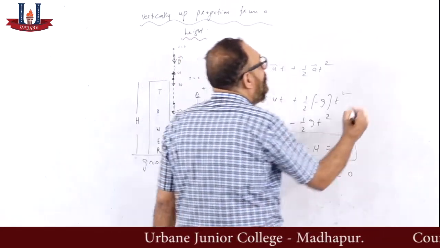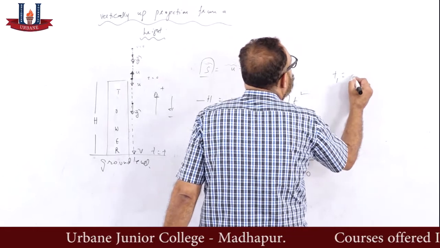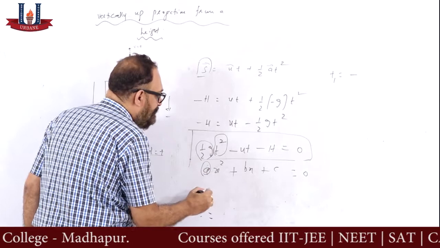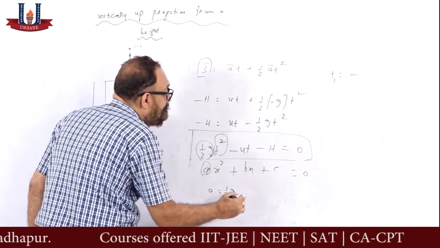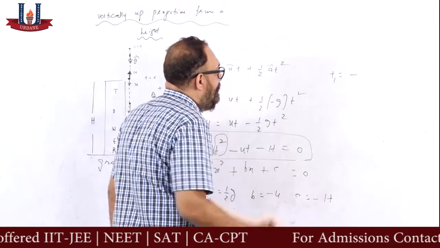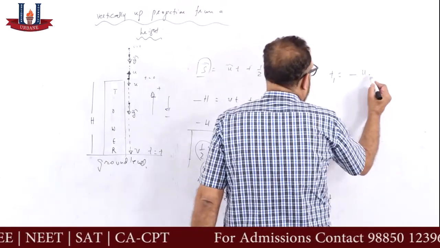So I can say here t1 is minus, you are able to see here a is supposed to be half g, so I can write this as half g. b is minus u, c is minus h, so I can write minus b, that is u.